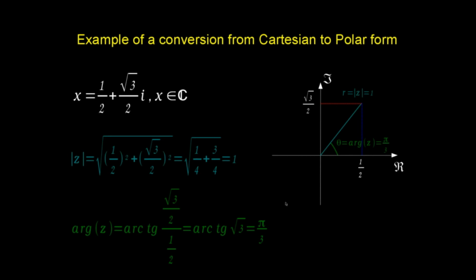So we can now easily write our complex in the polar form by saying that z is equal to cis π divided by 3, where π divided by 3 is our argument and the modulus of our complex is 1.